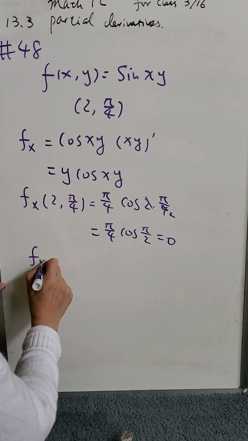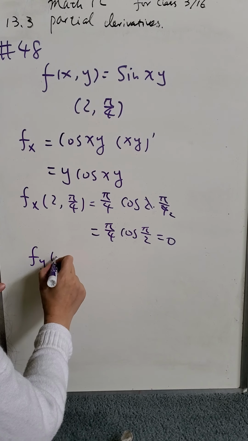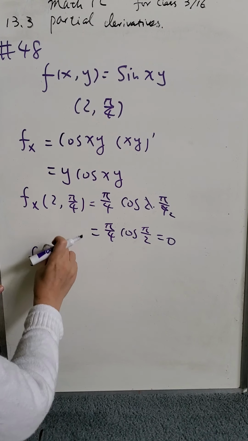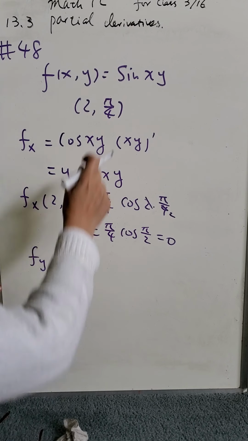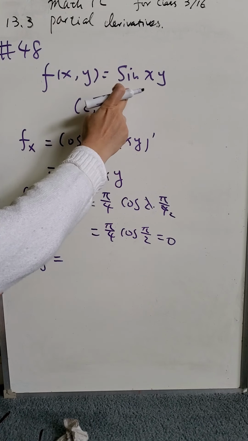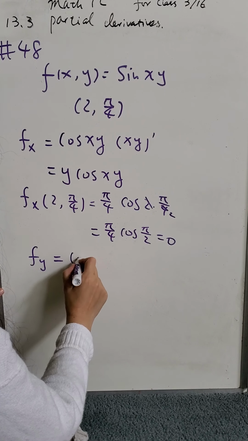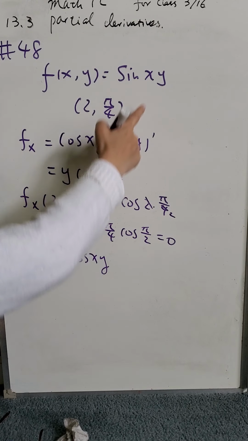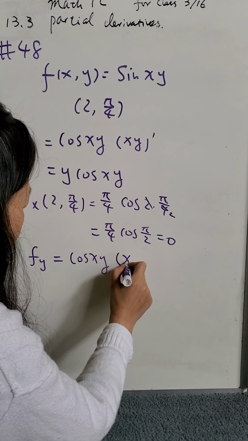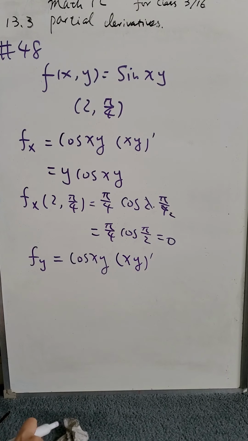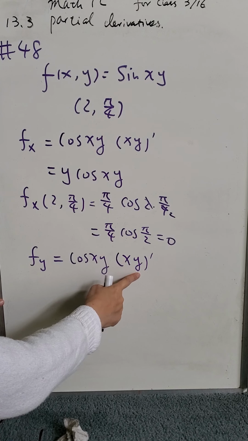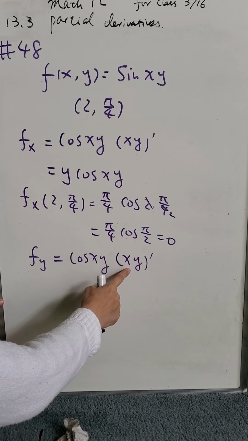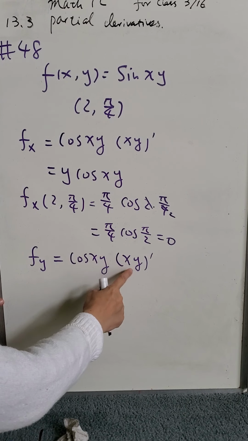So we're going to go fy. This time we still do cosine xy, since the derivative of sine is cosine, and then chain rule for xy. Now this time my y is a variable and my x counts as a coefficient, like 2y.